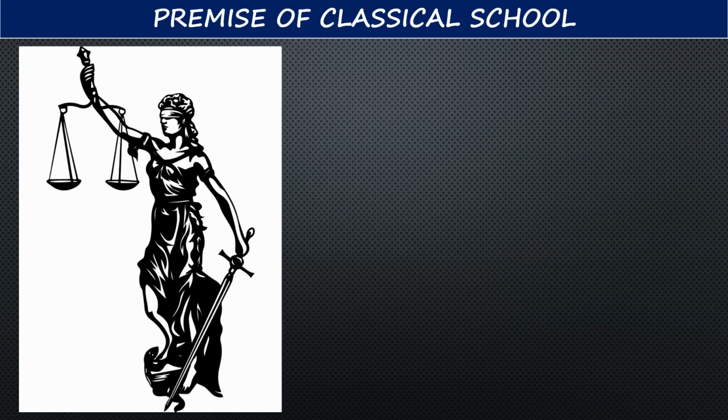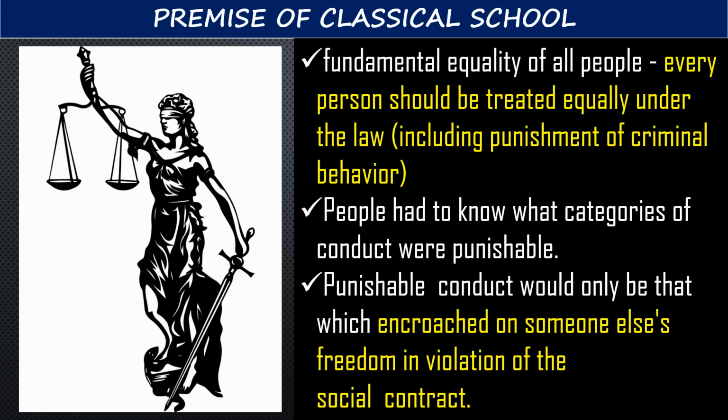So what else in the classical school of criminology? In the classical school, the classicalists were emphasizing the equality of all people, because in the olden times, in the pre-classical school, most of the governments in the world were ruled by monarchs, by kings, by queens.